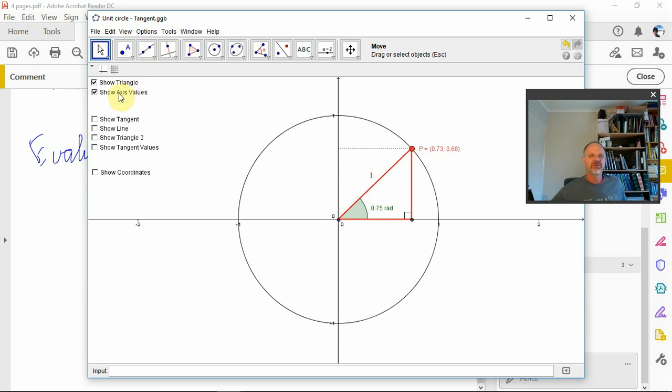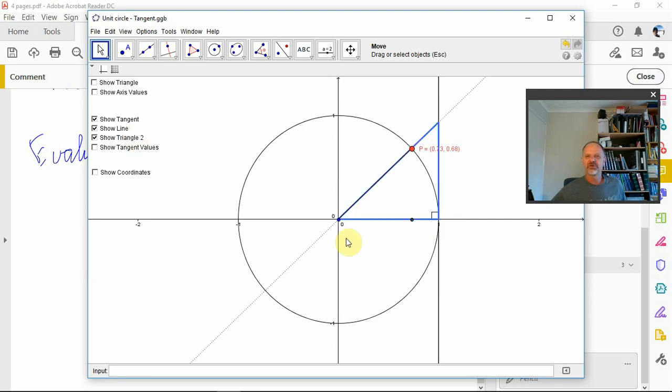So unit circle. Right. Turn that triangle off at the moment. Show the tangent. So the tangent that we're talking about, there could be tangents all sorts of places around that circle. One we're talking about is this one here, the one that touches there. And so if I then extend this, you can see through that point reaches the tangent there. So the tan value, by definition, is this length from there to there.